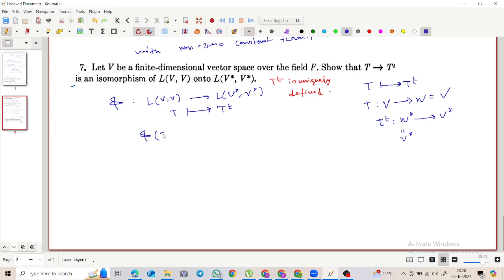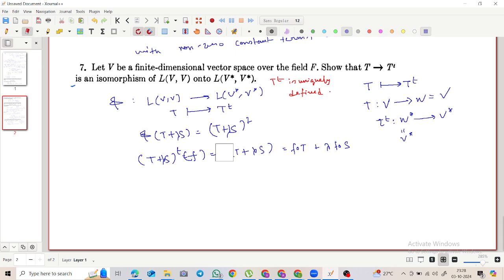One thing is obvious: (T plus lambda S) transpose of f is f composed with (T plus lambda S), that is T transpose f plus lambda S transpose f.